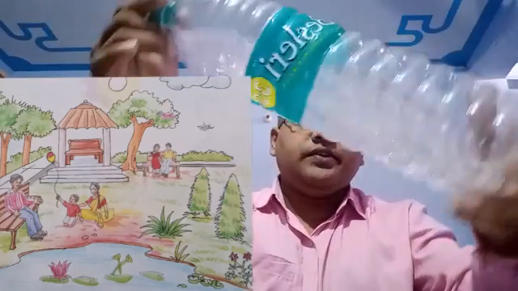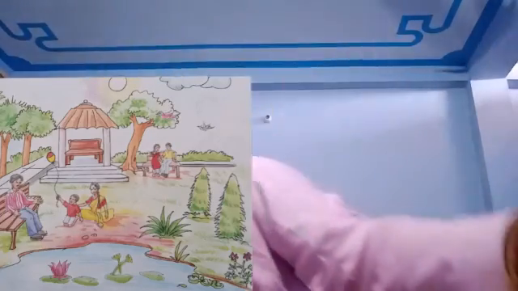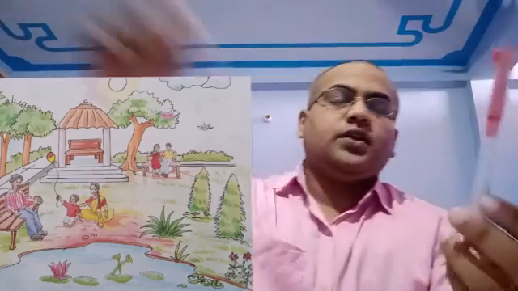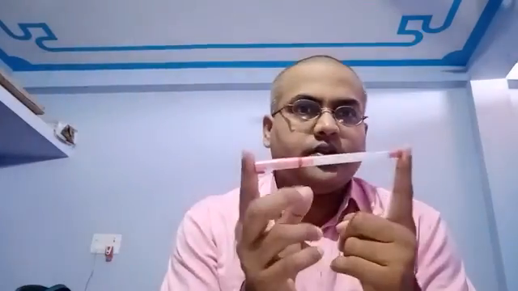Whatever things are present around us, if you observe around your house, around yourself, you will find that so many things are present. Like here, this is liquid water, and this bottle is what? Solid. This pen is a solid, and inside this pen there is a gel, so you can consider it like a liquid.